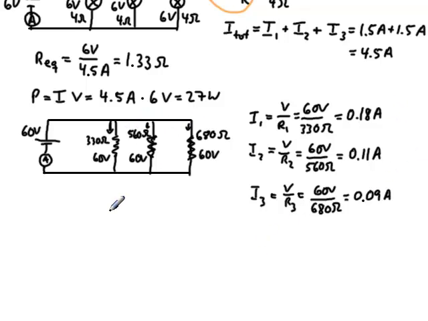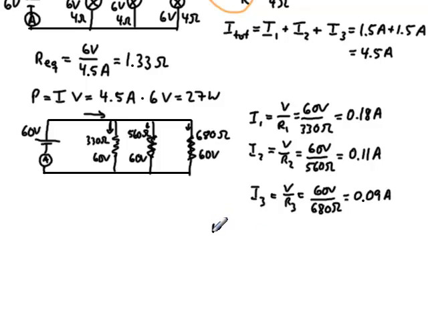currents going through each of these resistors here, and they add up to the total current that flows through the circuit, where it says the total current in the circuit equals the sum of the currents in its parallel branches.